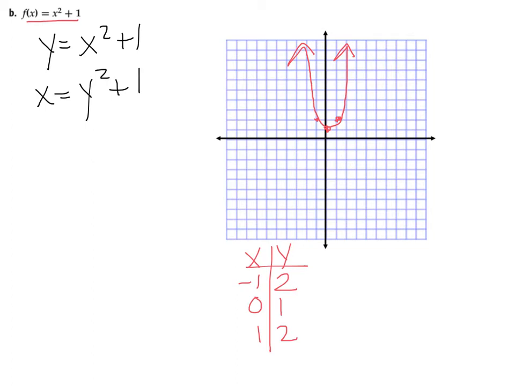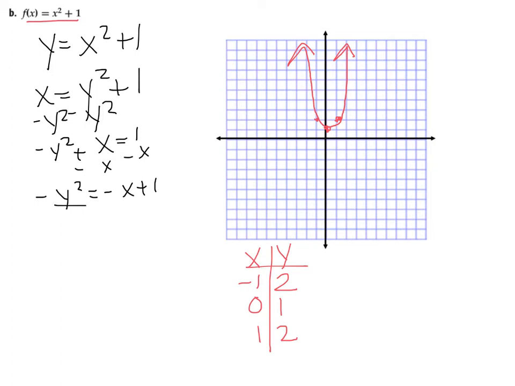We need to get that y by itself. So I'm going to subtract my y squared on both sides so that I have negative y squared plus x equals 1. I'm going to subtract x on both sides so that I have negative y squared equals negative x plus 1. I'm going to divide by a negative so that the y is positive.